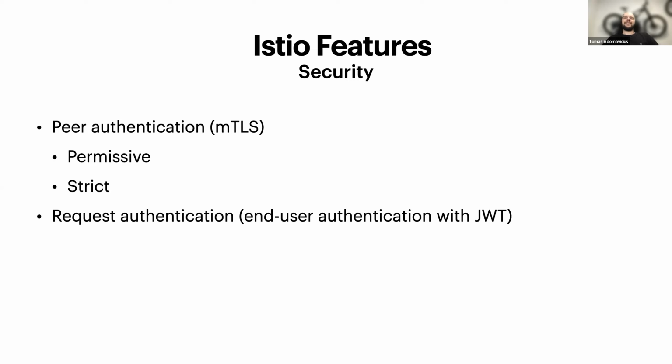Not only that, Istio is not only able to access this information, but it can also verify the signature of the JWT by inspecting it and seeing what the issuer is. So it integrates automatically with Okta, Auth0, and there's a bunch of other authentication providers which Istio integrates with.